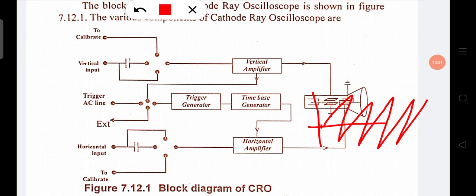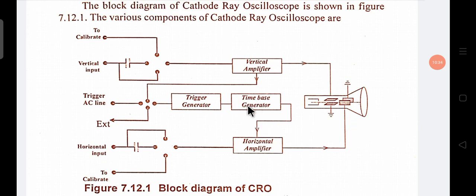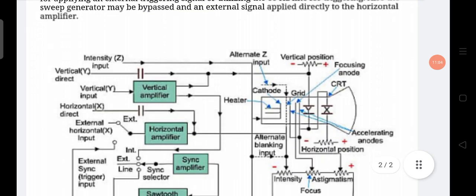So this type of signal the time base generator generates and gives to the horizontal amplifier, and the horizontal amplifier amplifies that sawtooth wave and applies it to the horizontal deflector. By that, both the deflectors give the deflection force to the beam generated from the cathode in the CRT, cathode ray tube, and we get a waveform. So this is the basic working of the CRT.